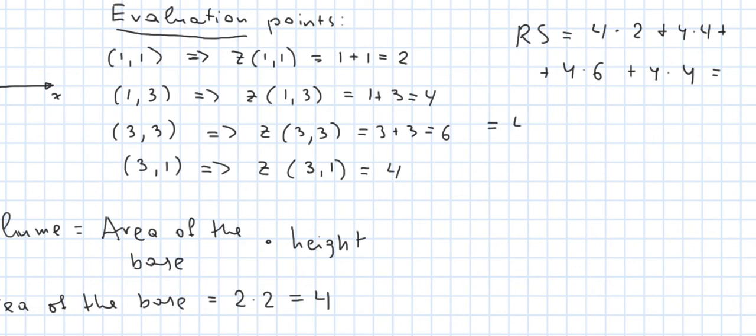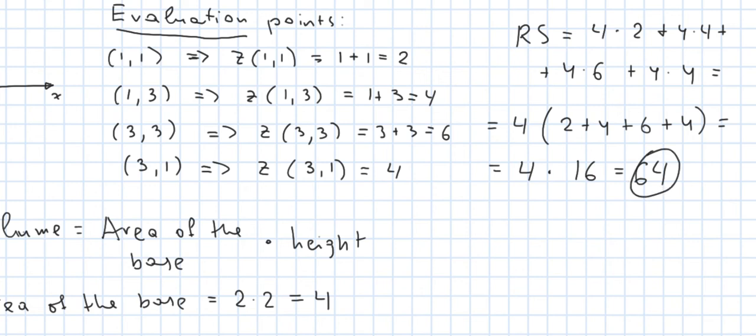I could have also written this as 4 times (2 plus 4 plus 6 plus 4), factoring out the common area of the base. And so now we can see that this is 4 times 16, and of course that is 64. So the value of this Riemann sum is 64.